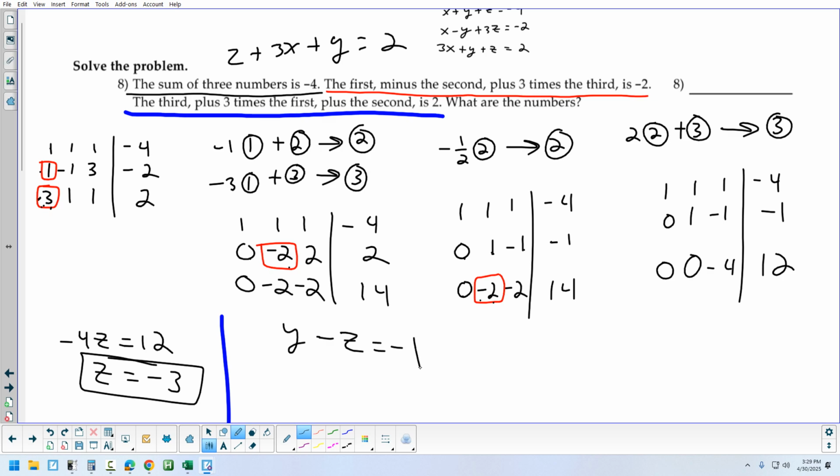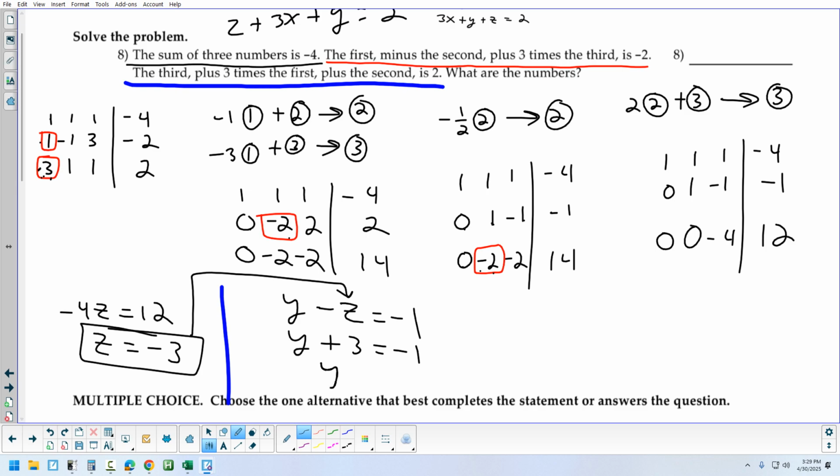Yep, and z is negative 3. So when you fill that in, what happens? It becomes a positive. Yep. So you get y plus 3 equals negative 1, which would mean y equals negative 4. Perfect. So now we got z, we got y.